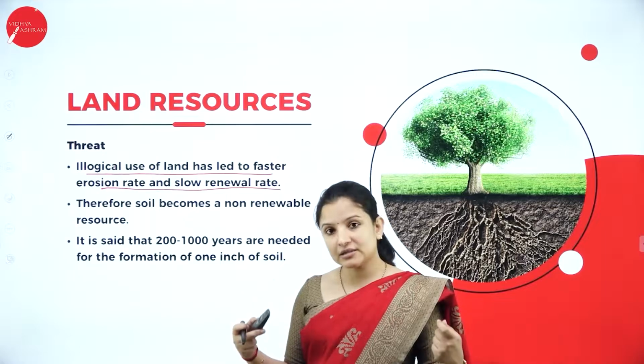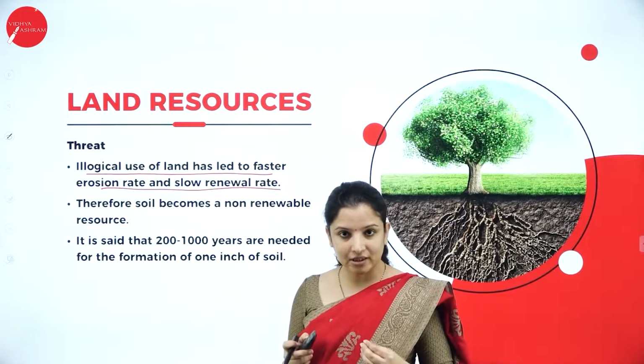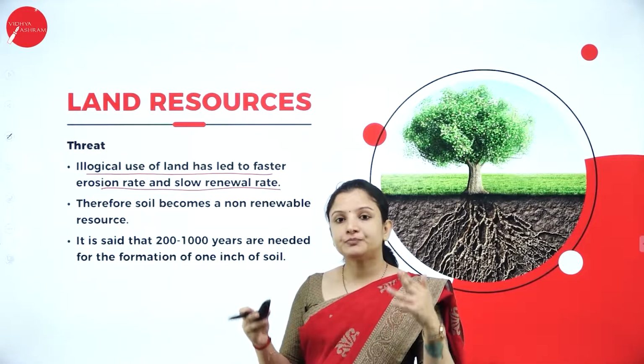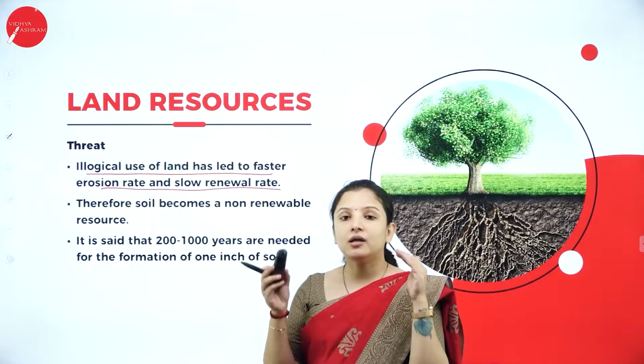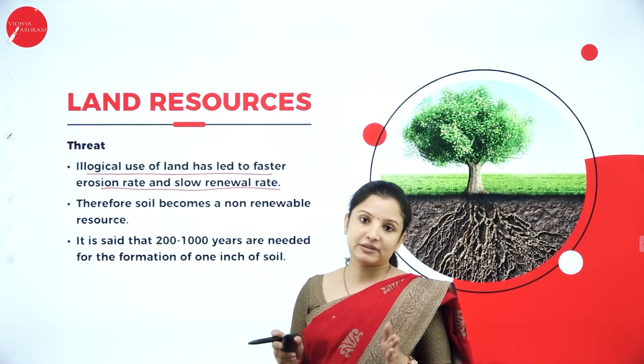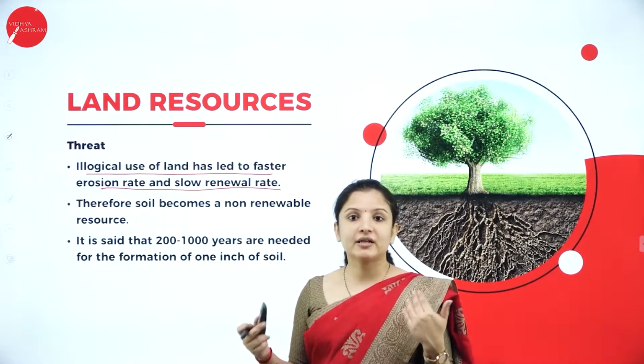So when the number of vehicles increases, you need good amounts of roads that need to be set up. And in order to fulfill the feeding habits of the population, a large amount of fields have to be set up, or a large amount of areas should be converted into agricultural land.